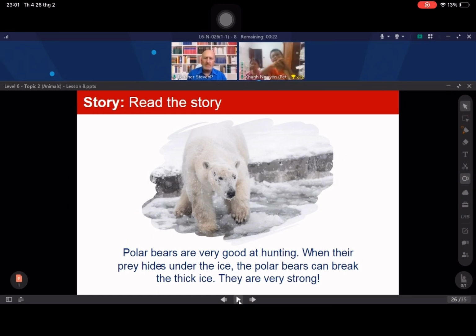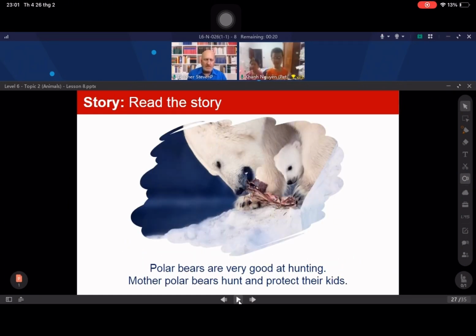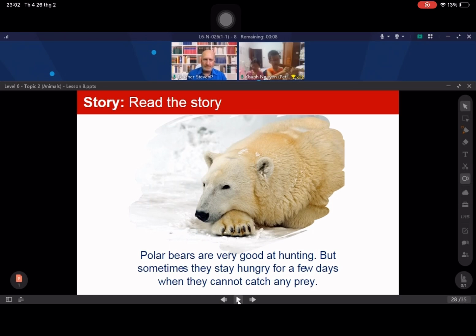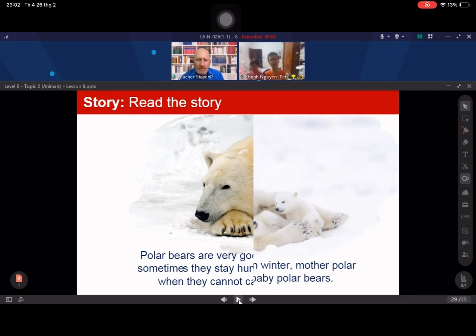They are very strong. The polar bears are very good at hunting. Mother polar bears hunt and protect their kids. Polar bears are very good at hunting, but sometimes they stay hungry for a few days when they cannot catch any prey.